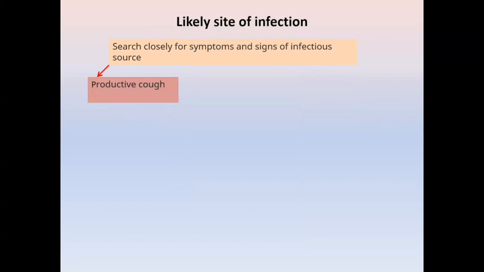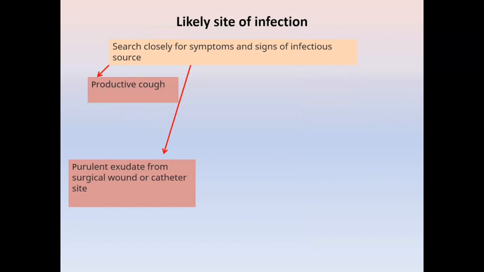So, what do we call by likely site of infections? If possible, not always it's possible, we have to search closely for symptoms and signs of infectious source. The patient may have started with a productive cough, giving possible pneumonia, or it could be purulent exudate from surgical wound or catheter site.